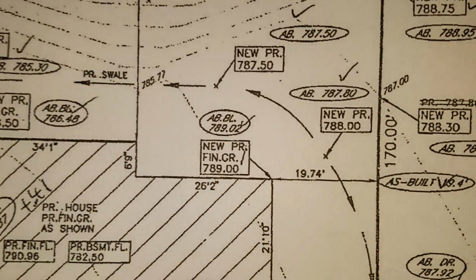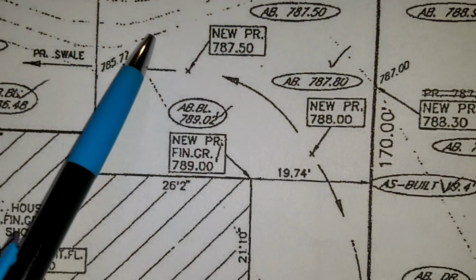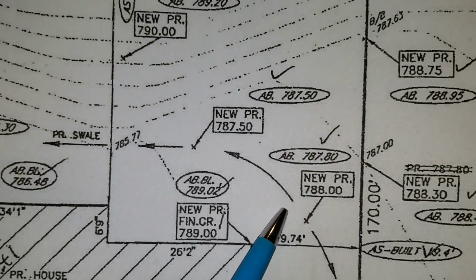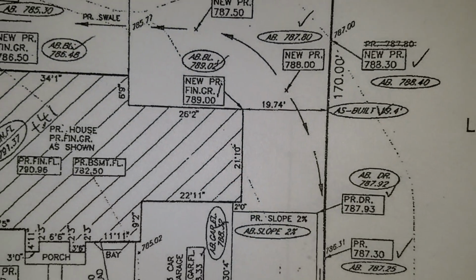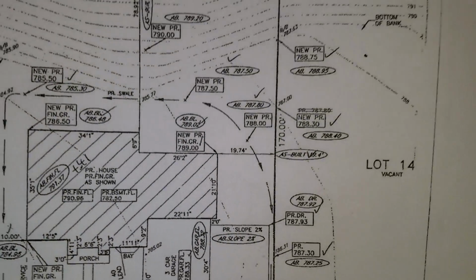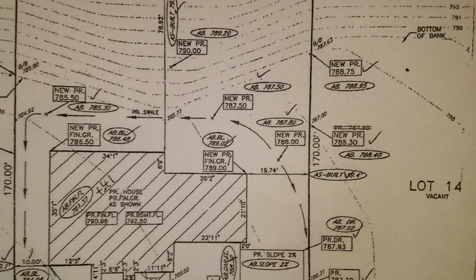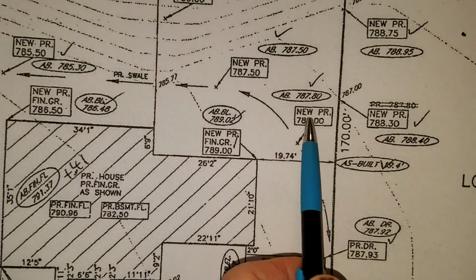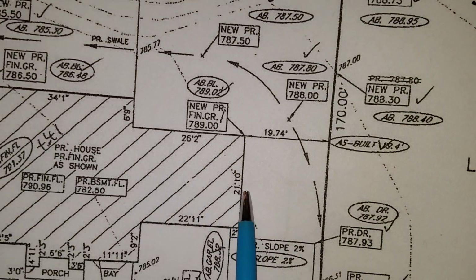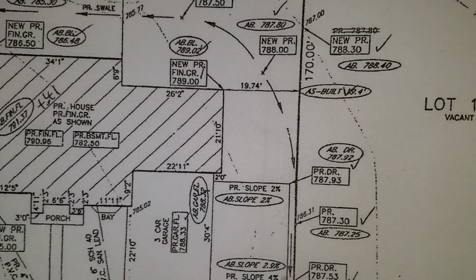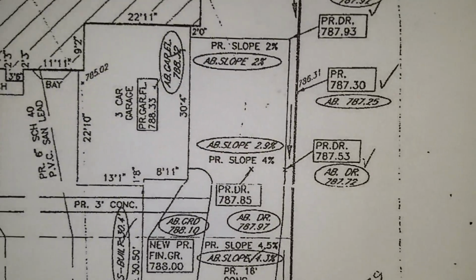So right here, you notice how these arrows break. All the water from this point goes towards the street. So we have water coming down, water running this way, and all of this is being asked to drain between the driveway and the property line.